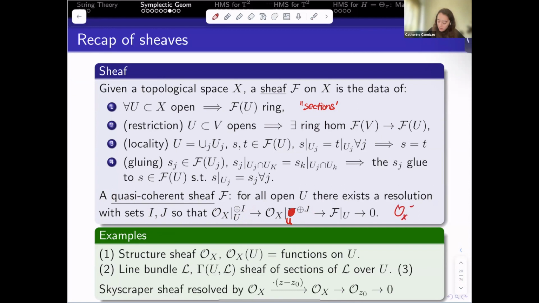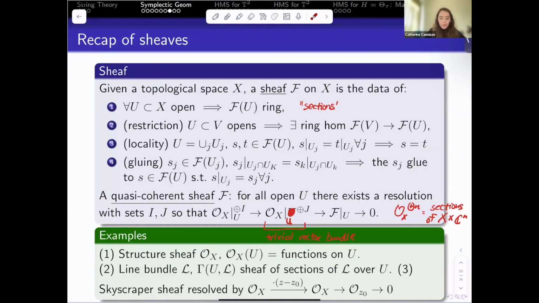You should think of O_X direct sum n as sections of the trivial bundle X times C^n, so we're just talking about n holomorphic functions. This corresponds to the trivial vector bundle. A quasi-coherent sheaf is a little more general. We allow a resolution: we have generators and relations between them, and there could be infinitely many.